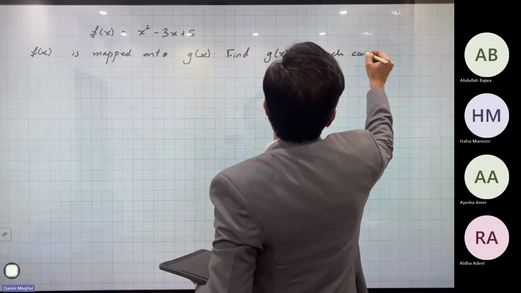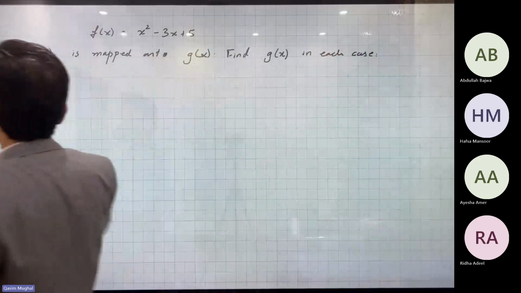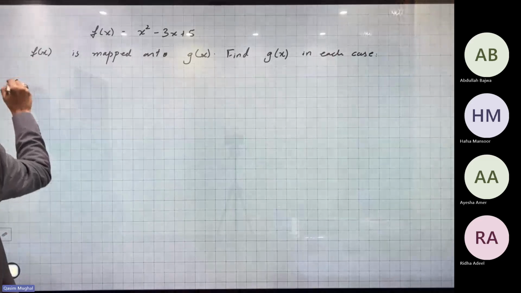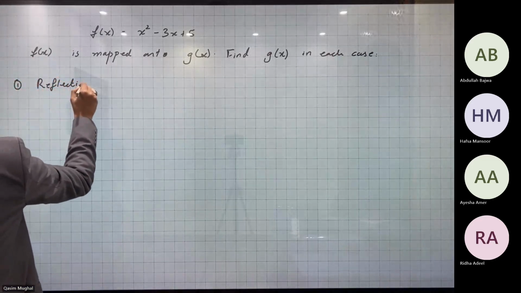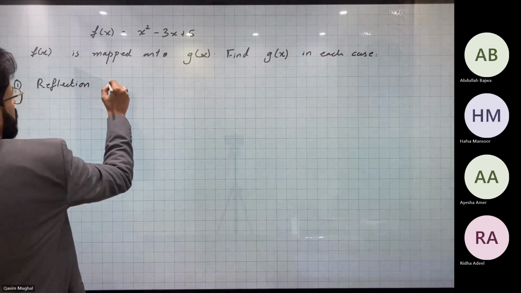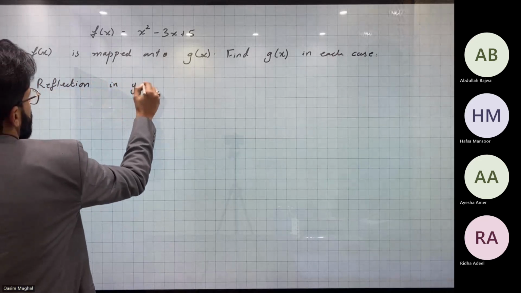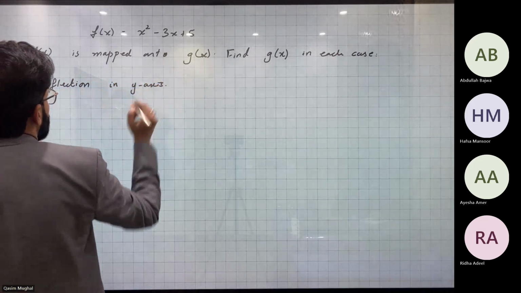in each case. The cases are, first one, reflection in the line y-axis.